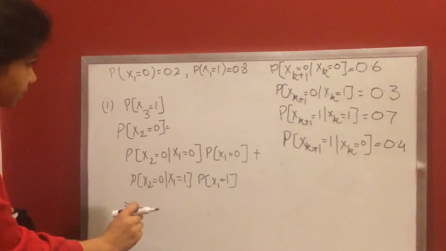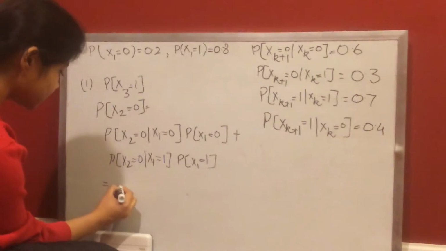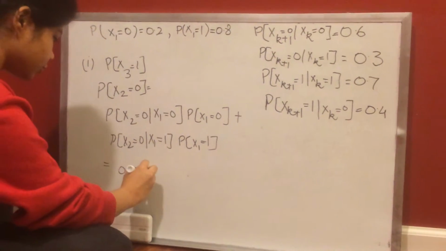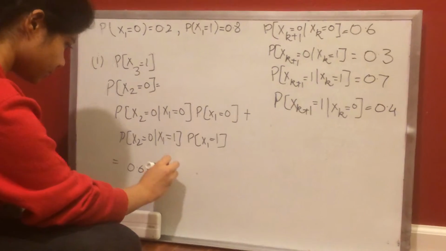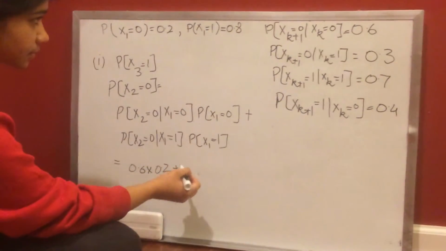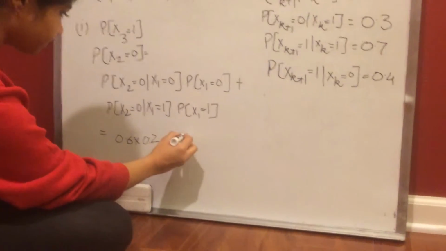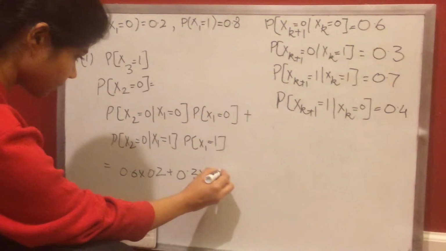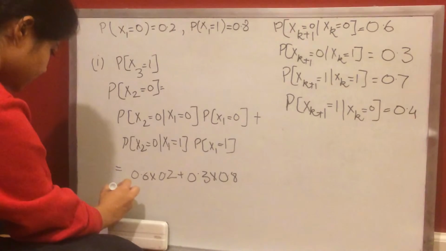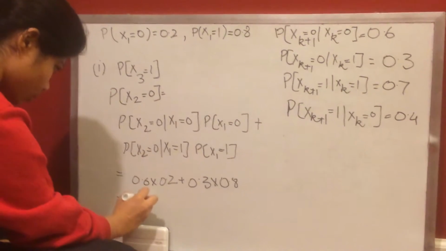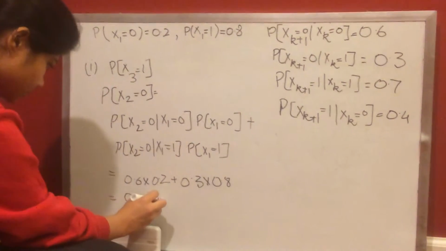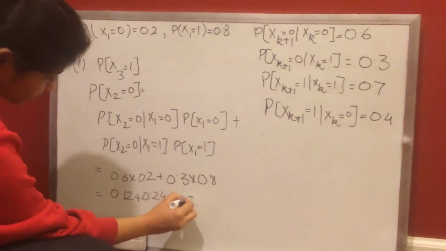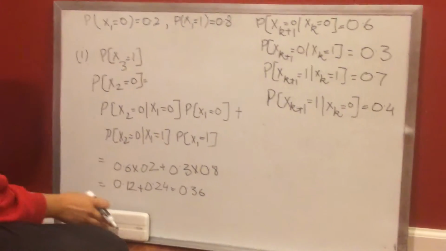This will be equal to 0.6 multiplied by 0.2 plus 0.3 multiplied by 0.8. This will be equal to 0.12 plus 0.24 and will be equal to 0.36.